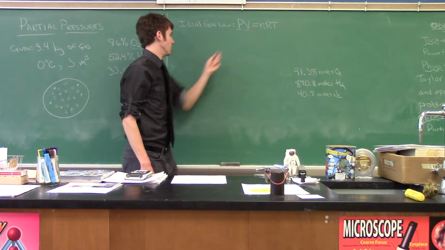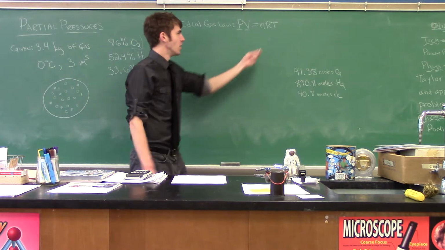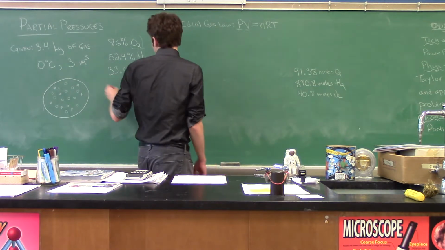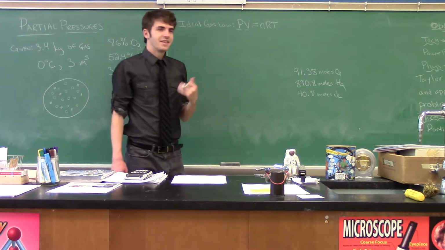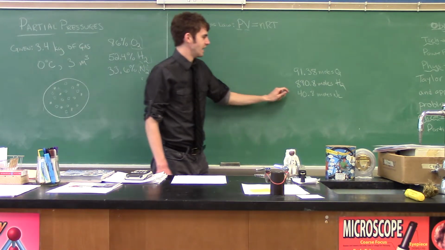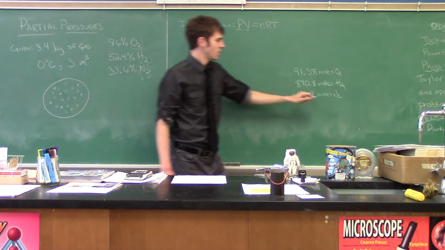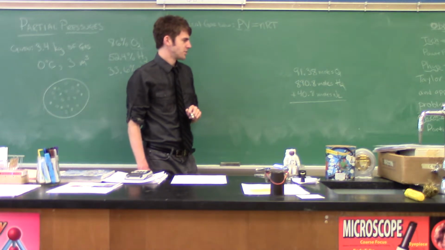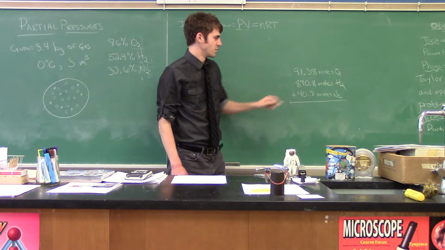We know our volume, that was given to us back here. We know R, that's a constant. We also know T, that was given to us here as well. And thanks to our initial calculations, we also know n. And since P here will represent our total pressure, we're going to want to look at our total number of moles. So does somebody want to add up these three numbers for me?